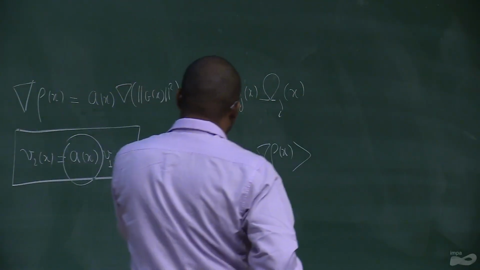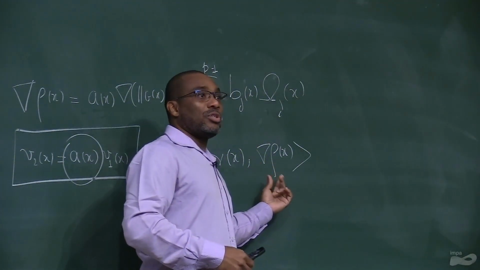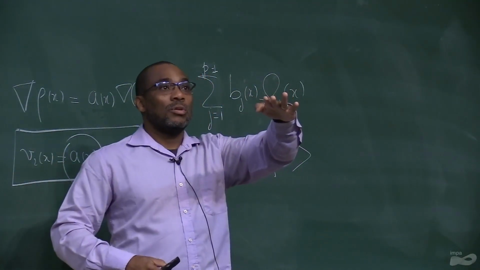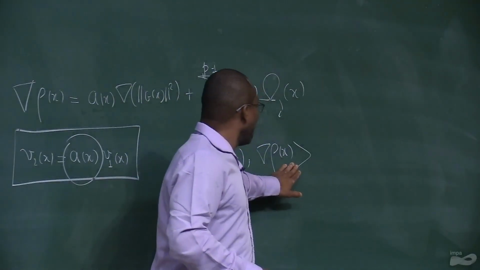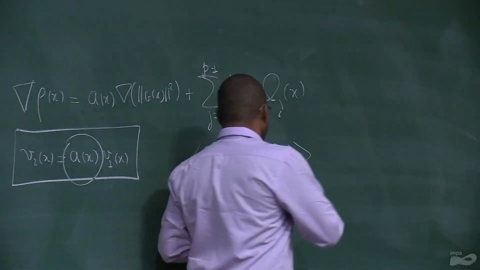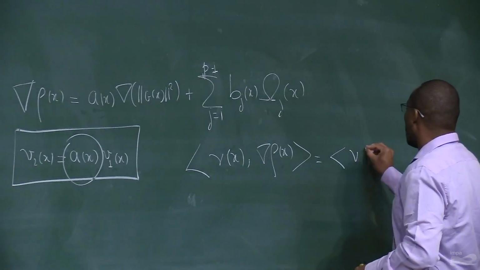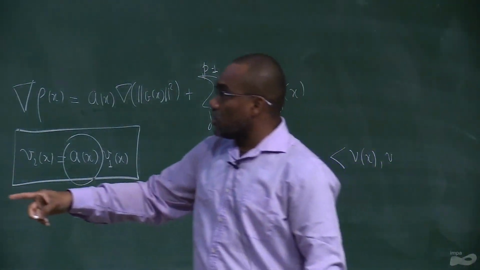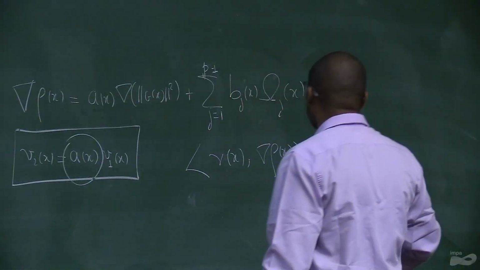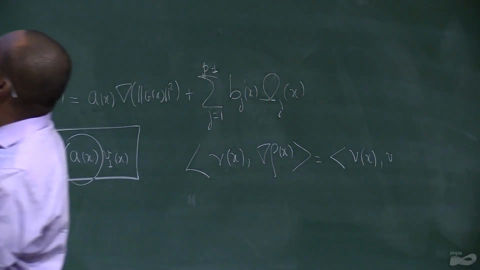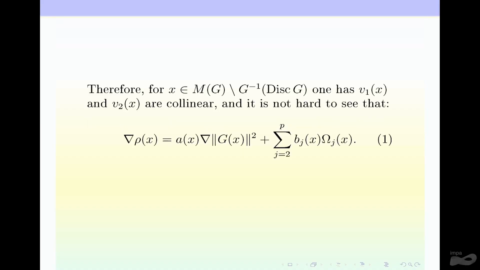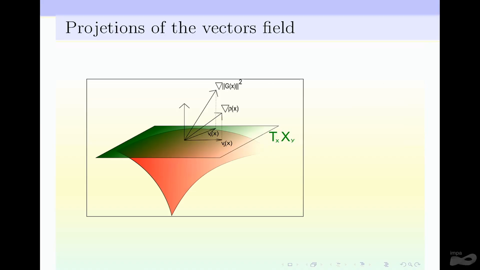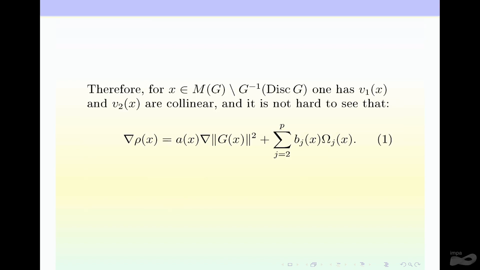So for such a dot product here, you just see what's going on for the projection of this guy in the tangent plane. But the projection of this guy in the tangent plane, we denote it by V1, right? Let's just come back to the notation. V2, sorry. This is V2x.